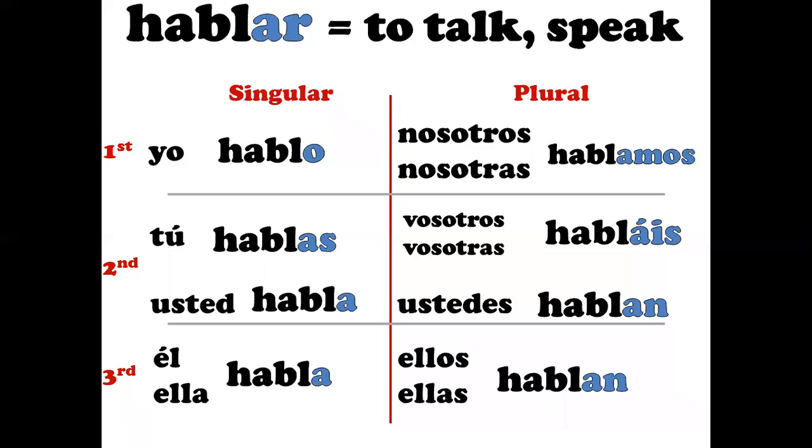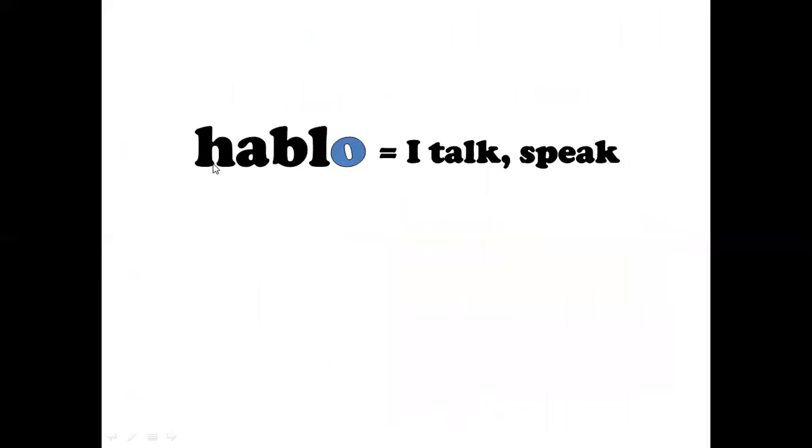Going back to the chart that you're familiar with, you can see that we've got the same subject pronouns here. First person, second person, and the third person, and then singular and plural on the other side. When you look at a specific form like hablo, this means I talk or I speak.